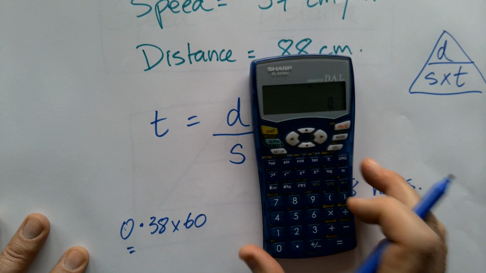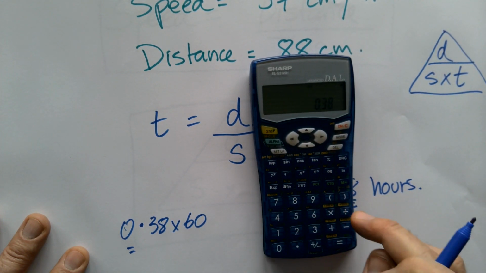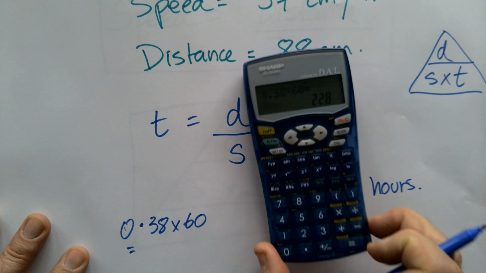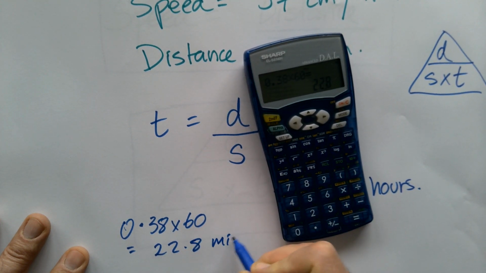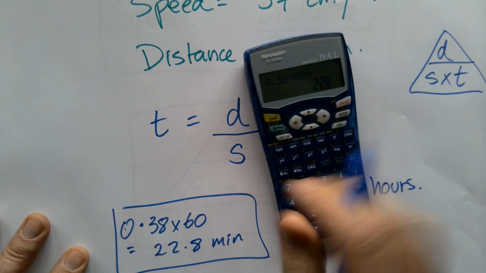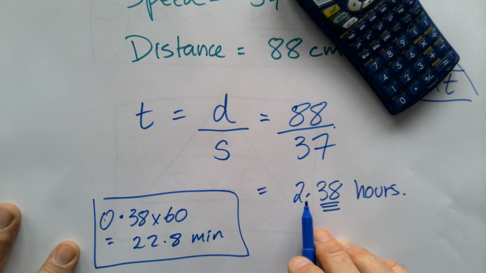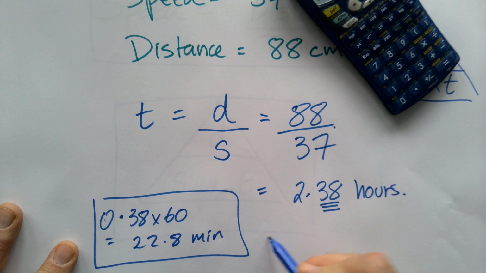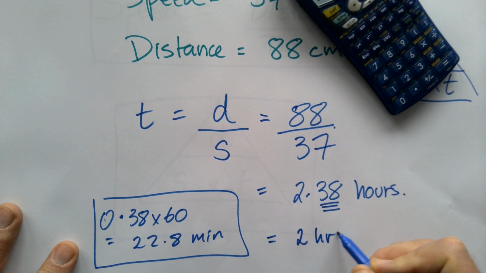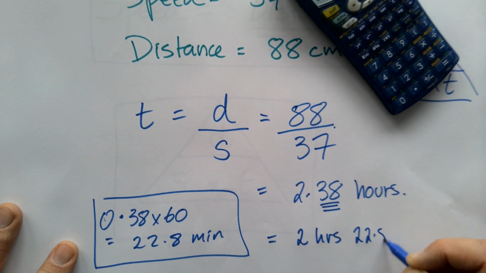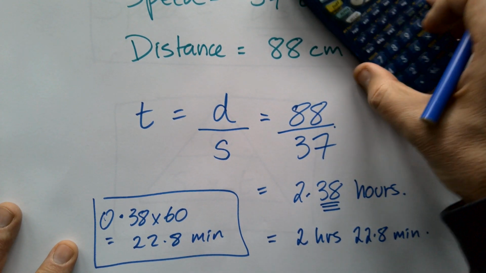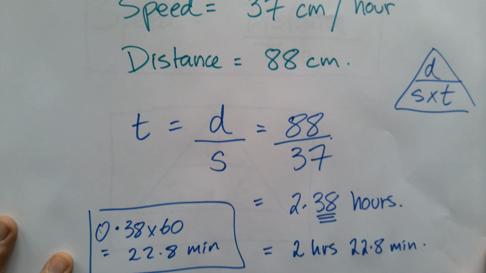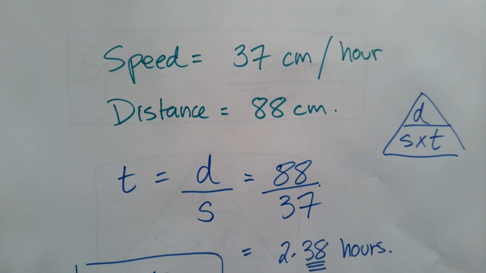I'm trying to find how many minutes that is. 0.38 times 60 is 22.8 minutes. Okay, so this here, it's 2.38 hours, but that's also 2 hours and 22.8 minutes. Okay, that is how you use the speed, distance, time formula.